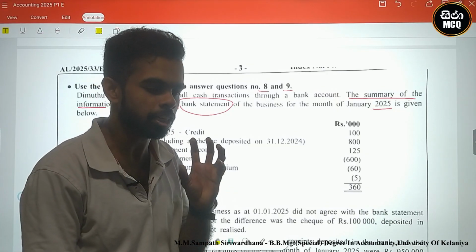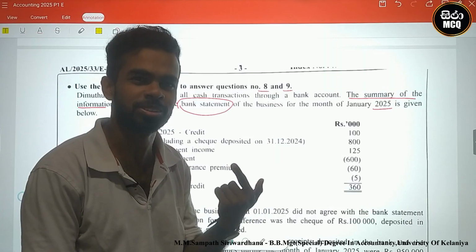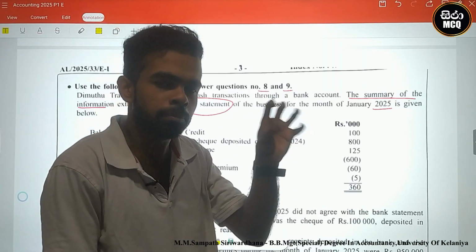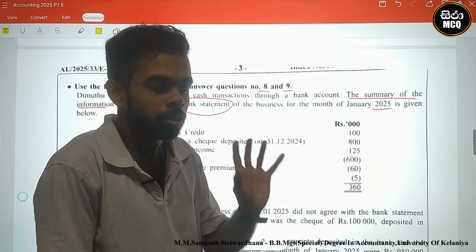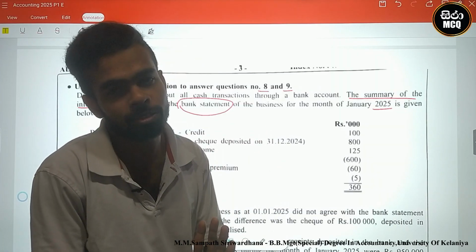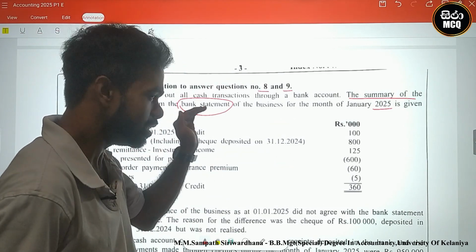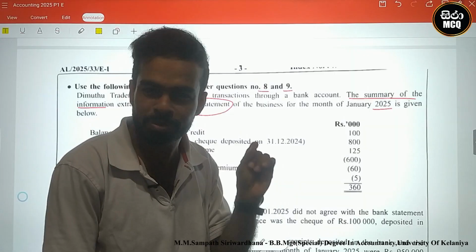This is the bank statement summary. This is the transaction recorded in the People's Bank, not our cash control account. This is the bank statement prepared by People's Bank.